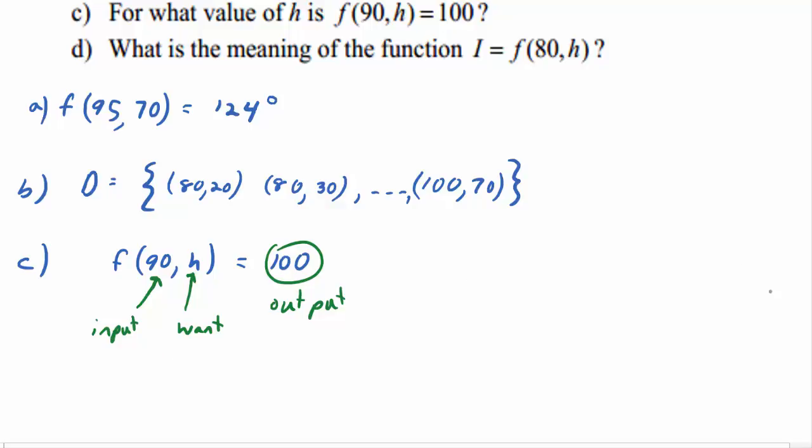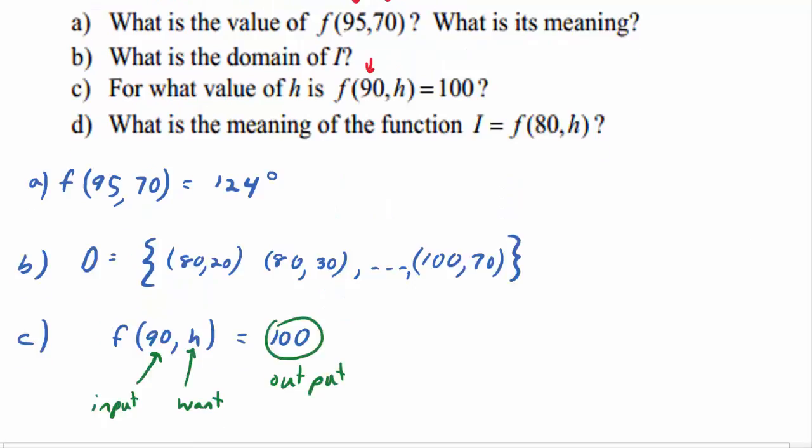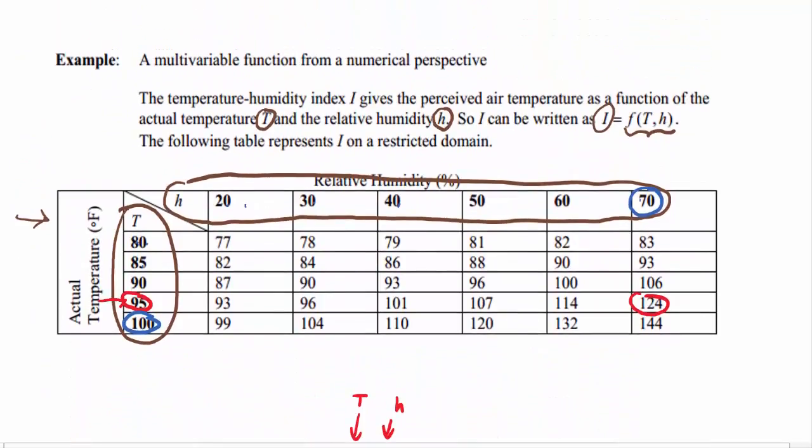What do you think? So we're keeping the temperature constant, aren't we? So we're going to be looking just in this row, because we're keeping the actual temperature a constant 90 degrees. Which actually makes it a one variable function of H, doesn't it?